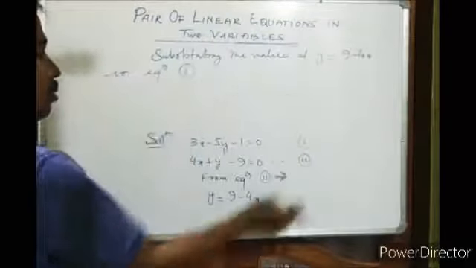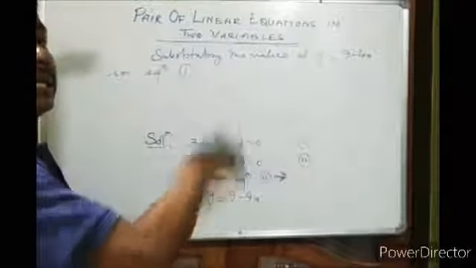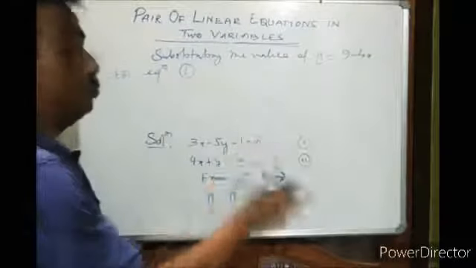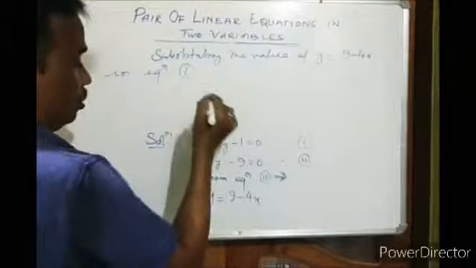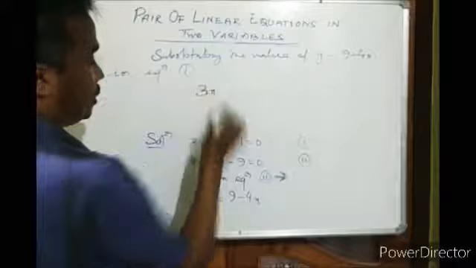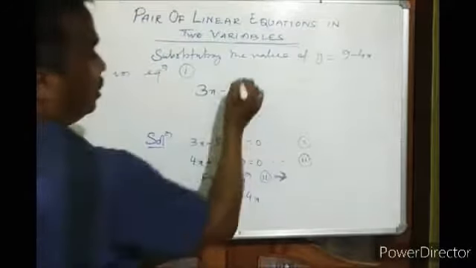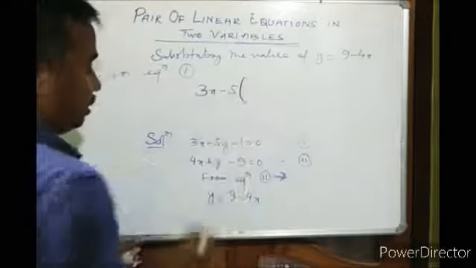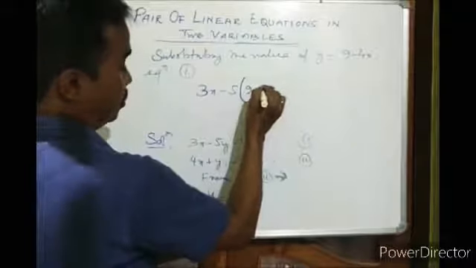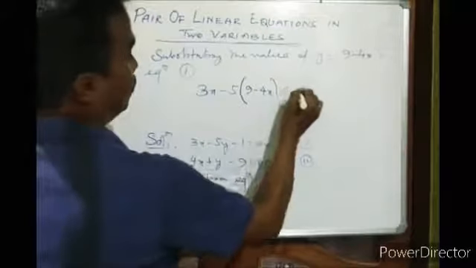If we had got the value of y from equation number 1, in that case we would substitute it in equation number 2. After substitution we get 3x minus 5, and in place of y, put it inside the bracket, we write 9 minus 4x, minus 1 equal to 0.